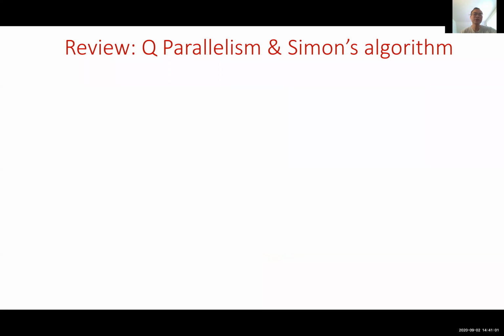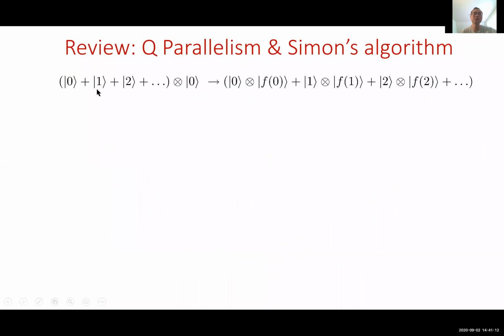But I want to reassure you that in order to understand any of the algorithms, you should keep in mind the three principles that we discussed. First, we can use superposition and then send it into the black box, implementing U of f, which computes f of x and then adds it to the second register.